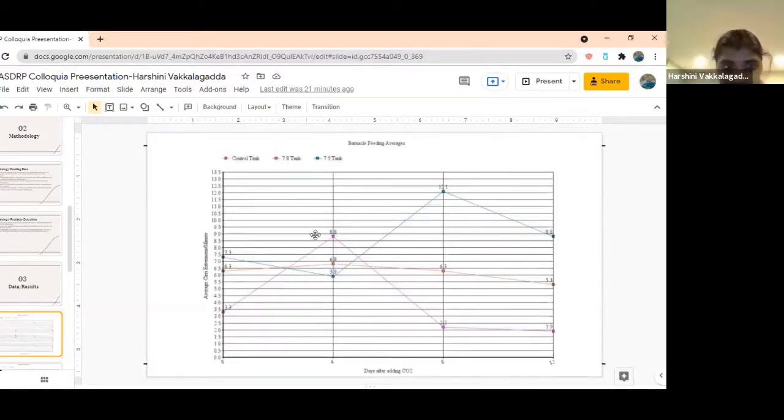As you can see for the control tank, there is not that much fluctuation in the barnacles' feeding habits.